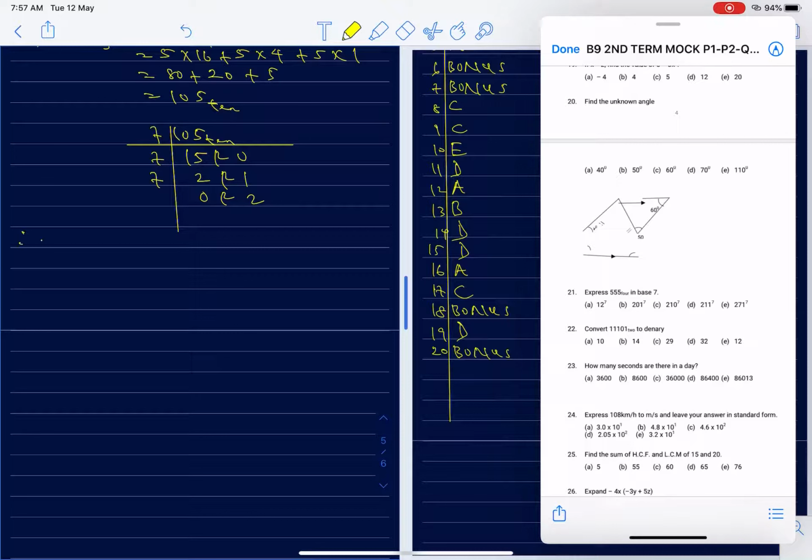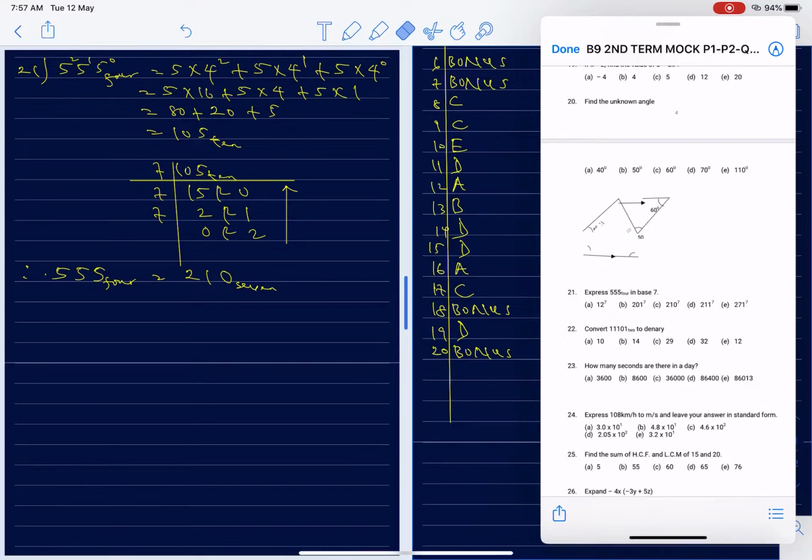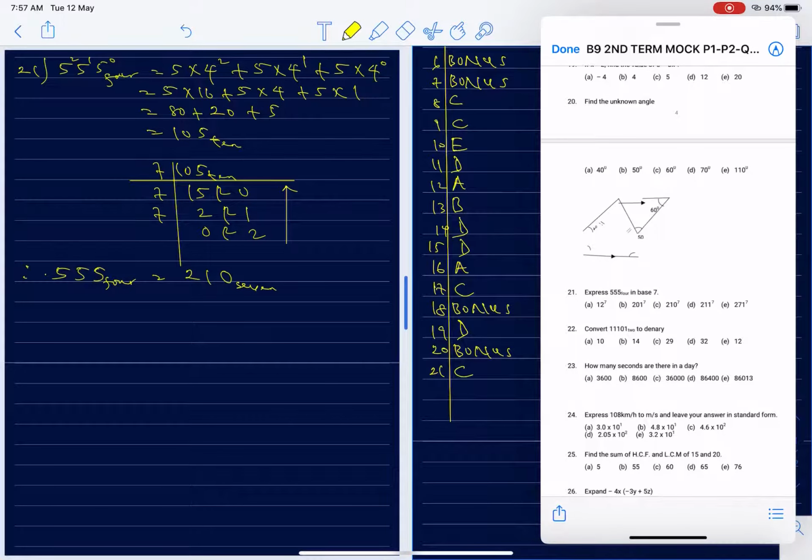So therefore 555 base 4, the original number, is the same as, we copy this number up, 210 base 7. And that's it. The answer is C. That was written mistakenly as a power, but it's not supposed to be a power. It's supposed to be a subscript. 21 is C.